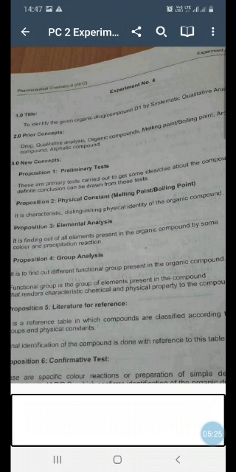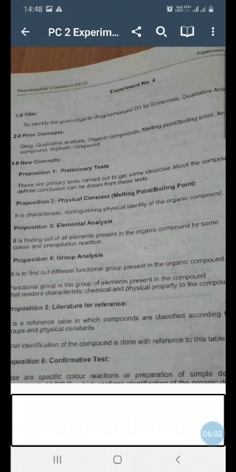Irrespective of whether your compound is a member of group 1 or group 2, or even if you get a positive result very early, still you have to proceed till the end and find out which particular groups your compound is a member of. Sometimes your compound may be a member of one group, sometimes of two groups or three groups. So you have to go till the end, and for this you need to refer to the handbook or Vogel's textbook.